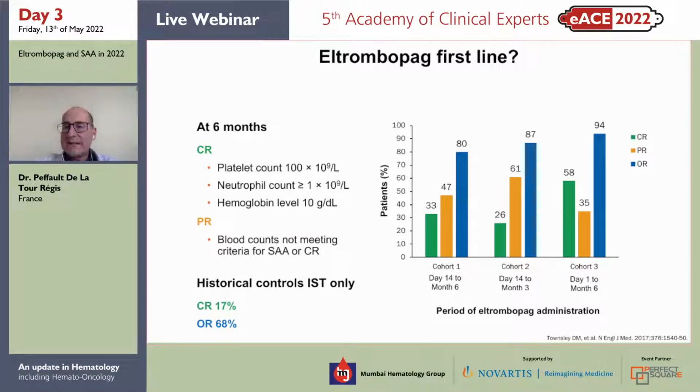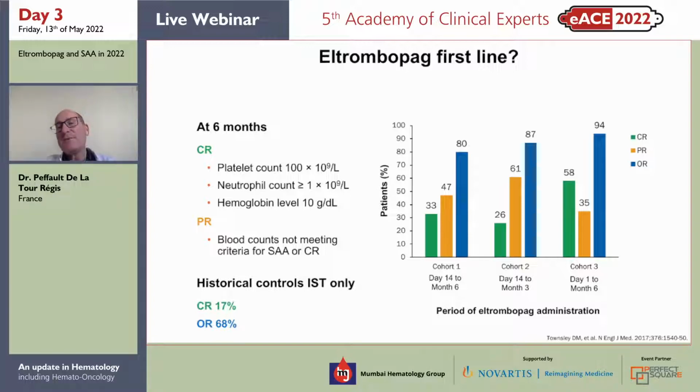This is outstandingly high, and higher than what is usually expected, 68%. Even in terms of complete response, you can see that 33%, 26%, 35% of patients are in complete remission in the 3 cohorts, which is far higher than the 17% that was expected at 6 months outside the use of eltrombopag.